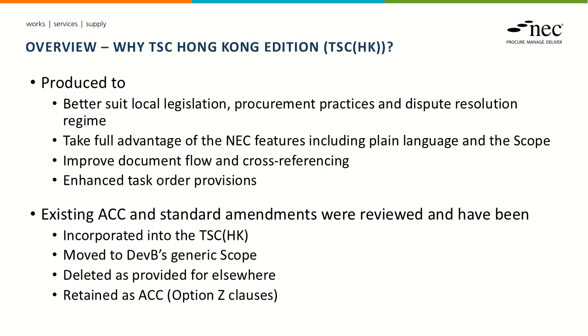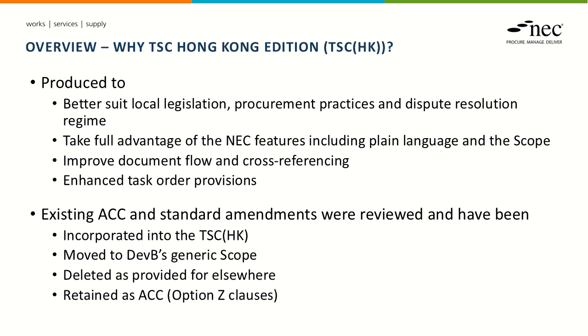Why have we produced a Hong Kong edition? This edition of the TSC has been produced to better reflect the local legislation and procurement practices used in the public sector in Hong Kong, and hence why there are some differences and changes, particularly with regard to dispute resolution in the contract, from the standard NEC4 TSC.